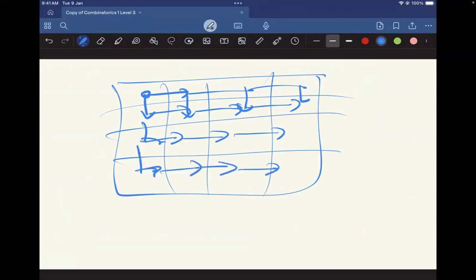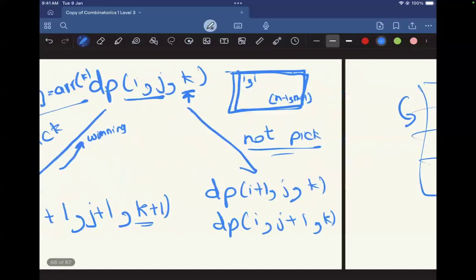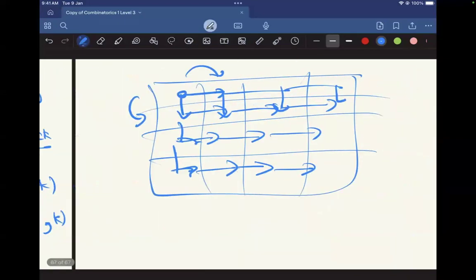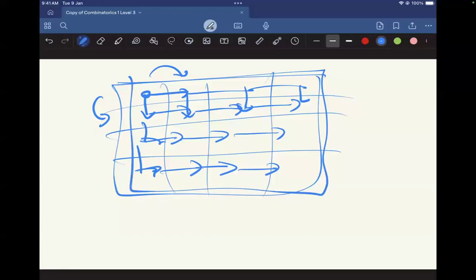I can either visit (i+1, j) or (i, j+1), correct? Tell me, guys. If we are at (i, j) and I call (i+1, j) or (i, j+1), recursively it visits all the cells in the subgrid, correct? Tell me, Shan.